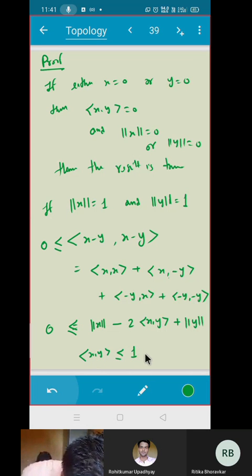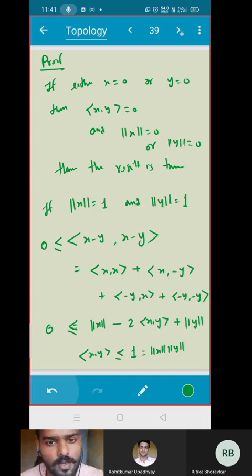But what is 1? It is the same as norm x times norm y. Do you see my result is true for this? Everyone, do you agree? If my norm x is 1 and norm y is 1, then my result is true. And it is quite easy to prove here. You saw that, correct?